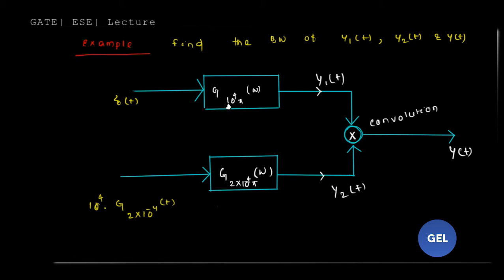By taking the convolution of these two functions, I can get Y1 omega and Y2 omega, and from those I can calculate the bandwidth of the respective signal. But my confusion is, sir, how to calculate the bandwidth of the convolution of these two signals.